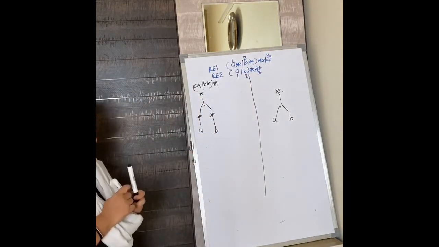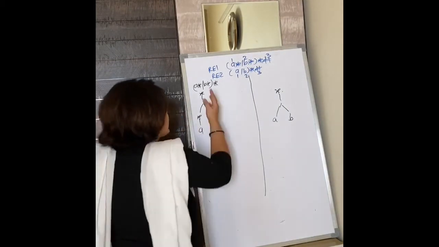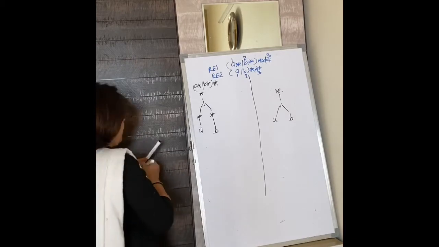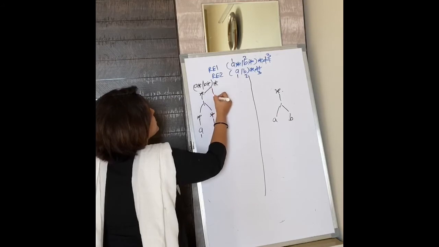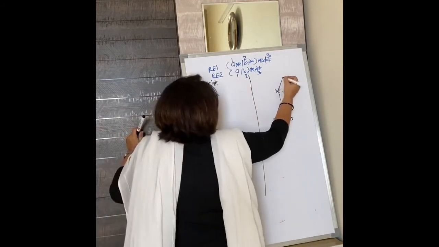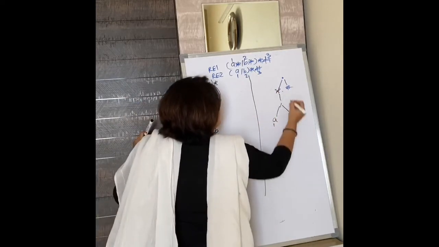Now let us quickly calculate the follow positions as well. We have to give positions and we need to calculate first also. So this is 1, 2 concatenated with hash, and here also concatenated with hash. So 1, 2, 3 and 1, 2, 3.